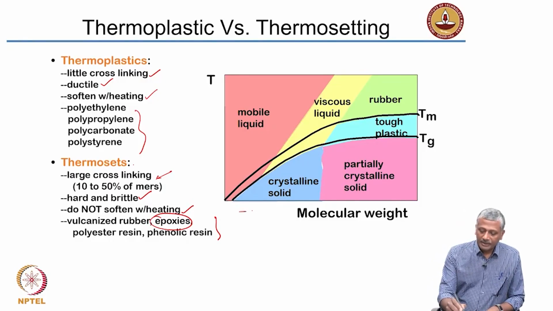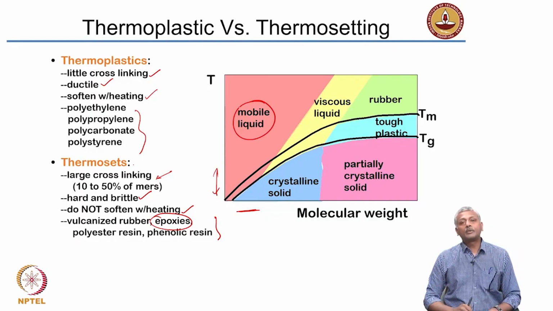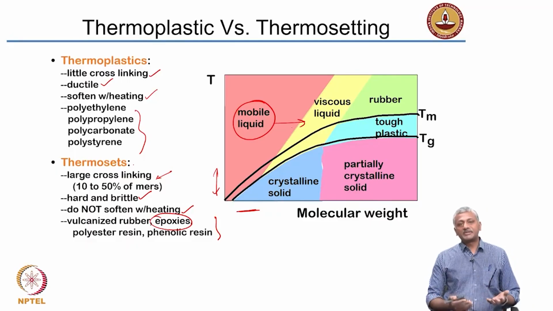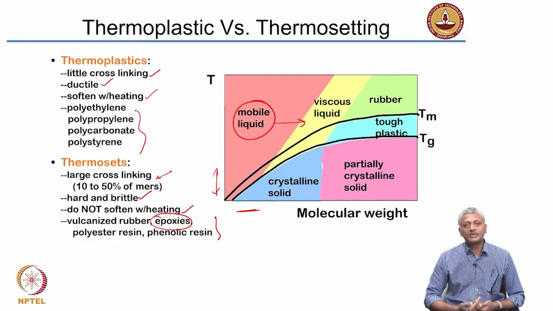At low molecular weights, even at reasonably low temperatures, your material is already a mobile liquid. That means it is a liquid with very low viscosity. Okay. As you increase the molecular weight, the polymers basically will show a viscous liquid sort of behavior. Okay.